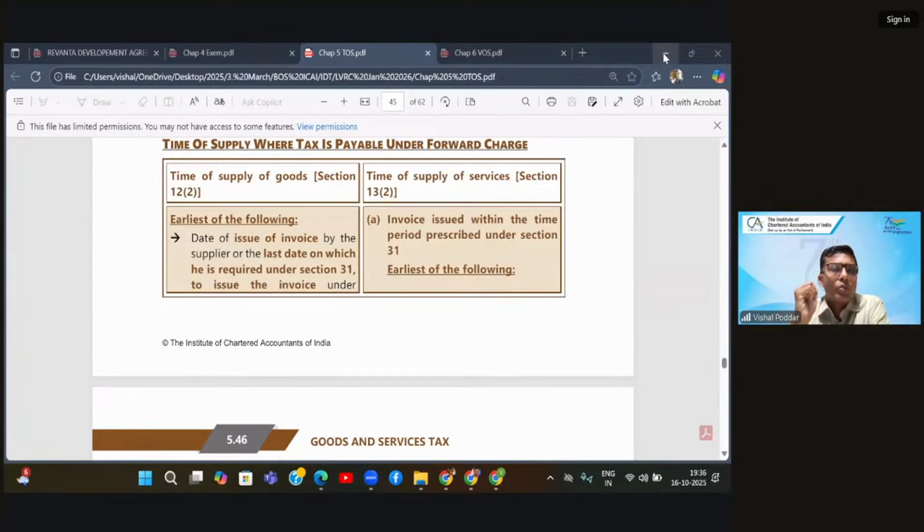Now, in case of goods which are sent on sale on return basis or sale or approval basis, what is the date of supply or what is the date by which invoice should have been issued under section 31? The answer is, it is the date on which the buyer, the recipient gives you the confirmation or approval that yes, I have accepted your goods, or 6 months from the date of delivery, whichever is earlier.